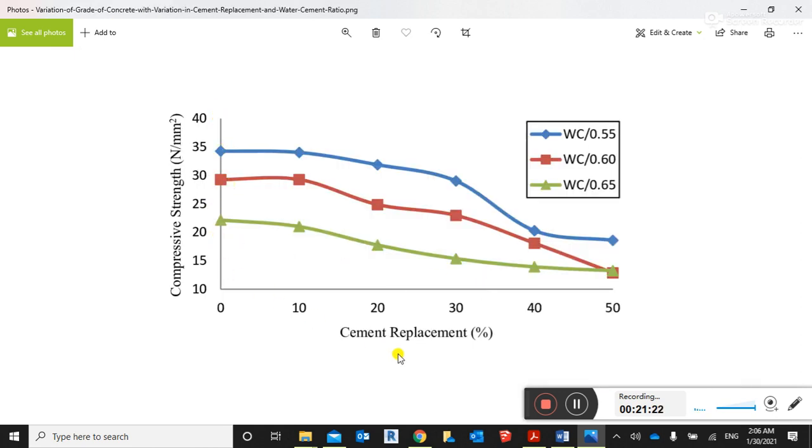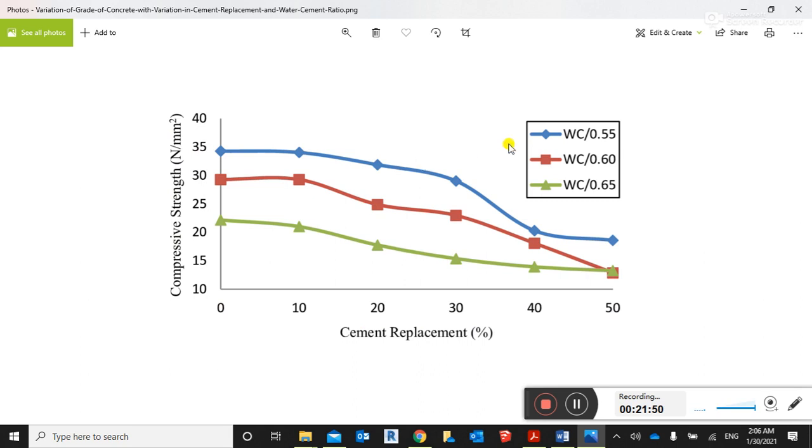This is also a graph of water cement ratio percentage against compressive strength in Newton per mm squared. We can call it the compressive strength of concrete, megapascal. See, if we plot the values 0, 10, 20, 30, 40, 50 percent water cement and compressive strength, we get this curve.